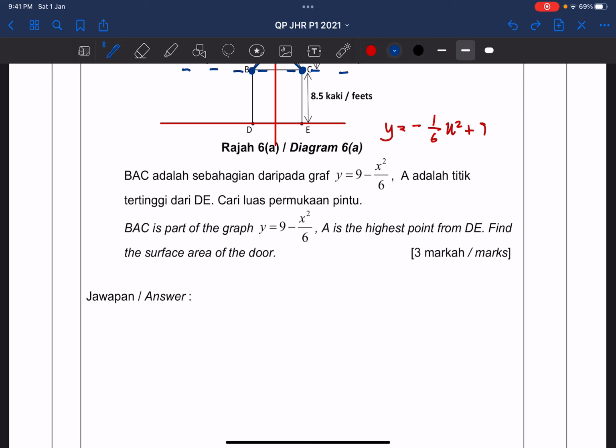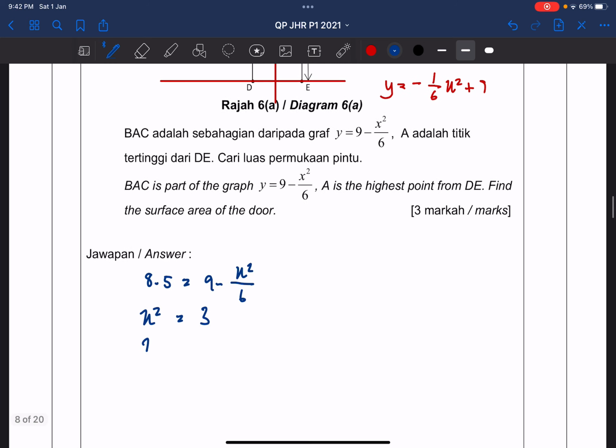So sub y equals 8.5, so 8.5 equals 9 minus x squared over 6. And we get x squared will be equal to 0.5 times 6, which should give 3. And x, you'll get it as square root of 3.